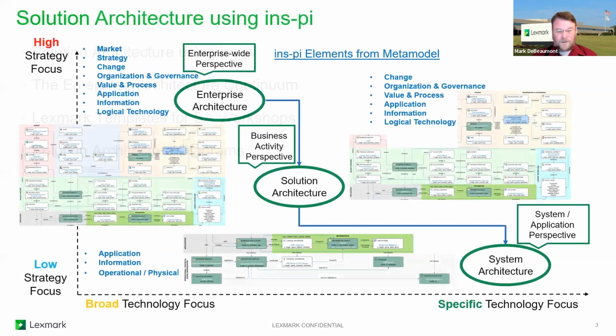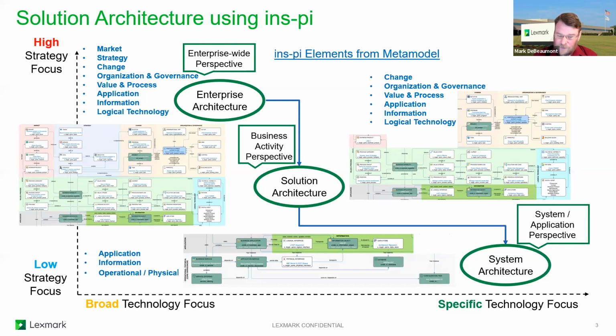So the first part is I wanted to show how we view our primary architecture disciplines and how that connects to the Inspire meta model. If you look at an enterprise architecture, which is usually what we build, we leverage most of the Inspire components for strategy and for organization structure, the value process, and so forth, to give us that holistic view of the enterprise.